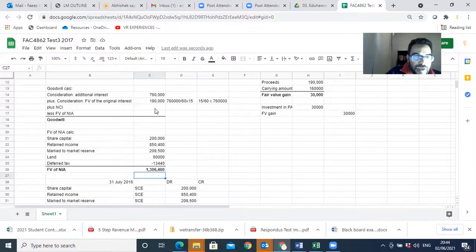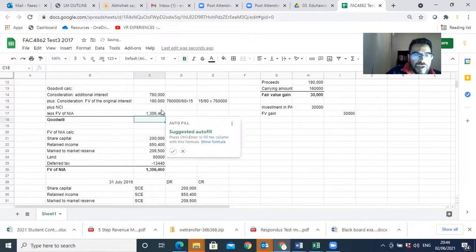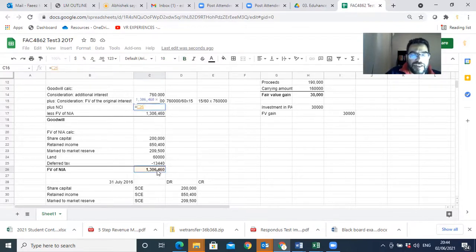If we put in that fair value of net identifiable assets, NCI is their percentage, so it's going to equal the proportion of the net identifiable assets. They have 25%. So this will either give us goodwill or a bargain purchase.